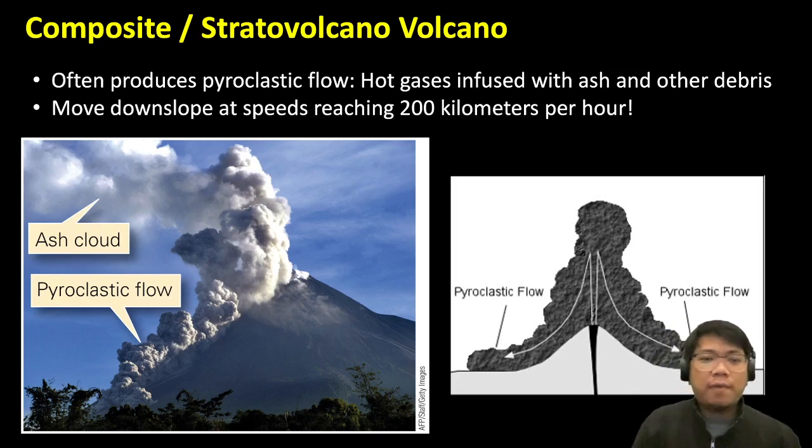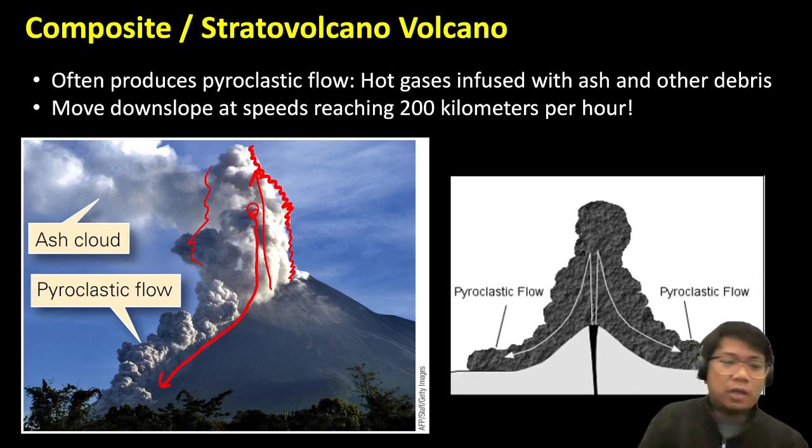Okay, so what happened here is this convective plume of ash. When it goes up towards the sky, the denser materials will start to fall off, and it will fall along the flank of the volcano, creating what we call the pyroclastic flow.